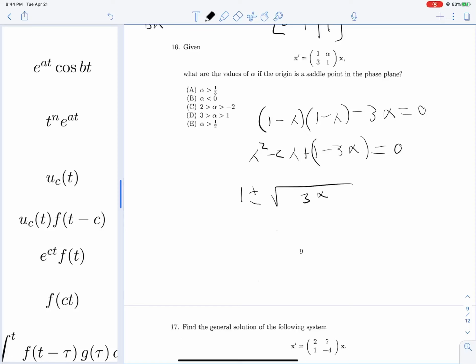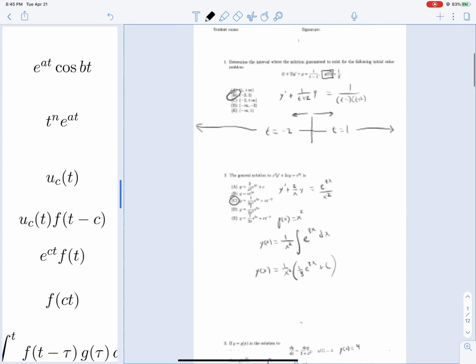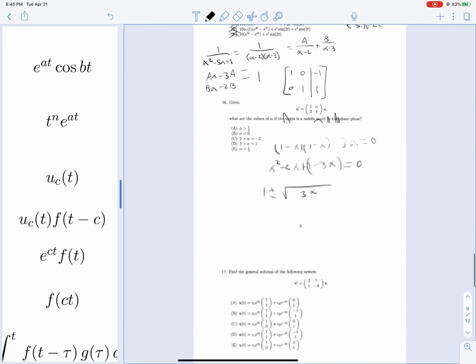And that's only true if 3 alpha is greater than 1, so alpha has to be greater than 1/3. 16 is A.